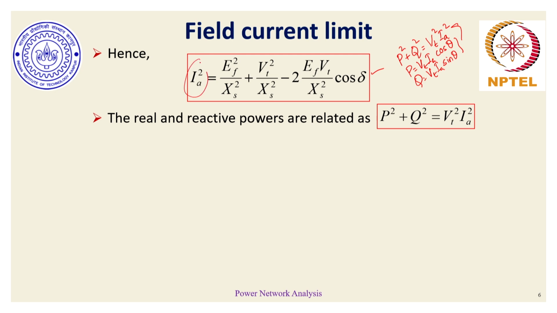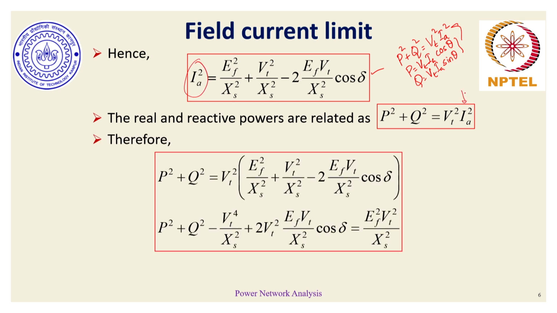Now if we substitute Ia² into this term, it looks a little complicated, but when you plug in those numbers appropriately, we will have this as our equation. What we see here is that for defining the locus, P² plus Q² are the obvious terms because we are trying to plot this locus or limit on the PQ plane.